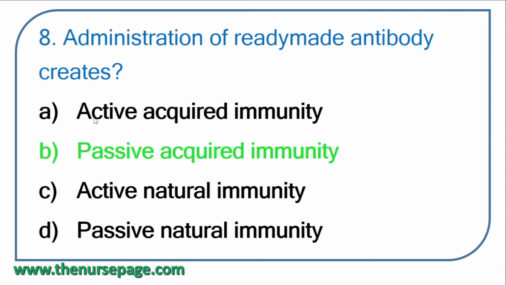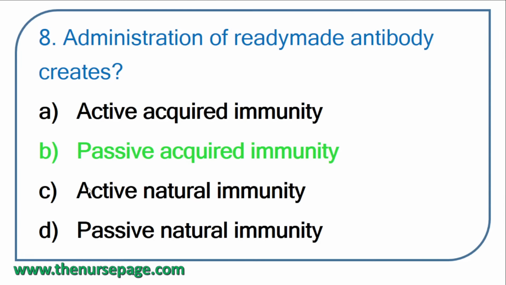After administering killed or live attenuated vaccines, the body produces antibodies, then it is called active acquired immunity. When the antibodies are created actively after clinical or subclinical infections, it is known as active natural immunity. Passive natural immunity, in the sense passive, means the body is not creating antibodies, they come from outside.